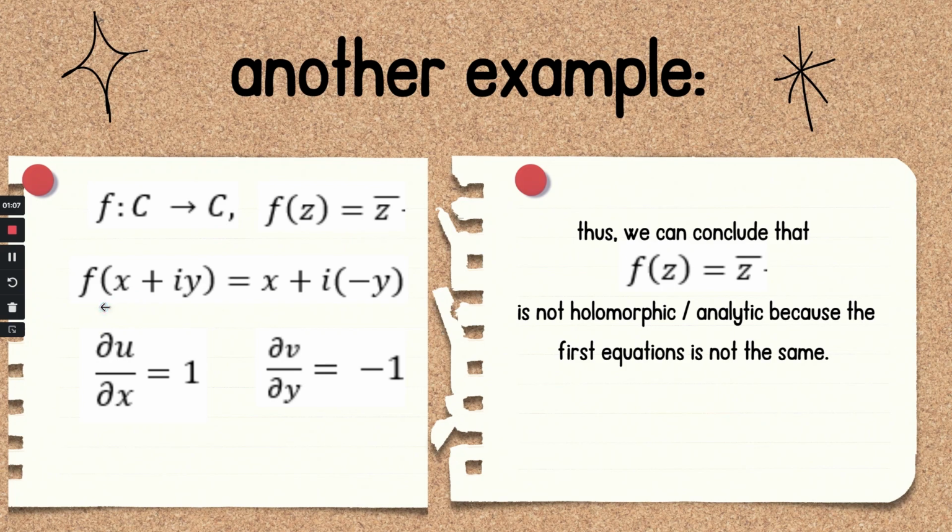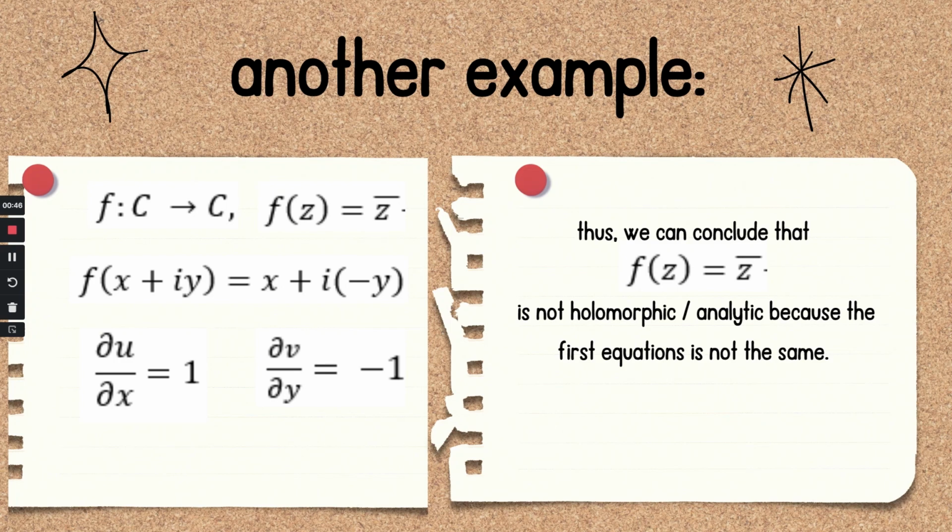So f(x plus iy) is equal to x plus i times negative y. Of course, this is not complicated since the imaginary part just gets the minus sign.